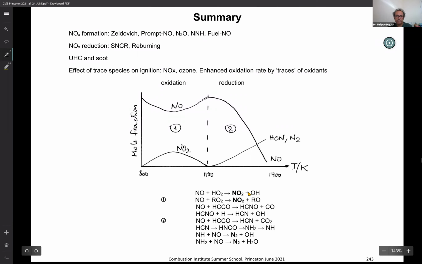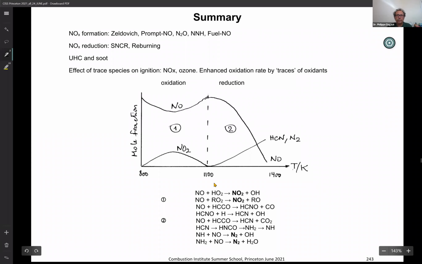NO is oxidized into NO2 by reaction with HO2 or RO2, which produce active species which can interact with the fuel. So OH will interact directly with the fuel and increase its oxidation rate. And these alkoxy radicals here can produce HO2, which will feed the first reaction and in turn increase also the production of OH and the oxidation rate of the fuel. So this is occurring in this regime.